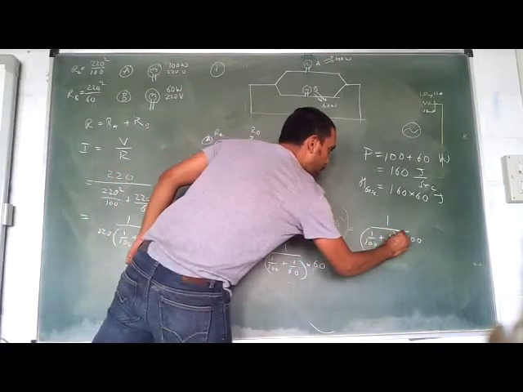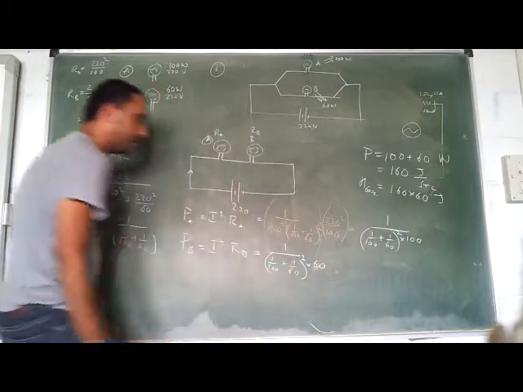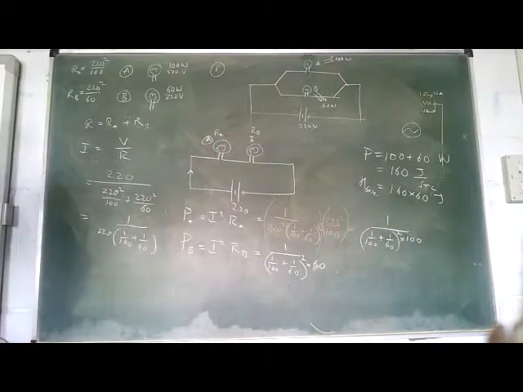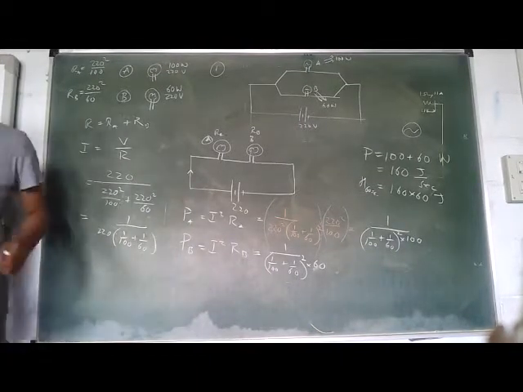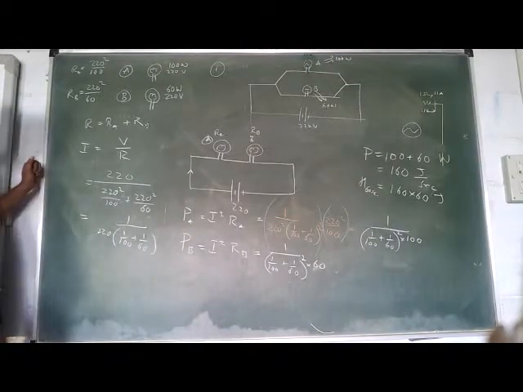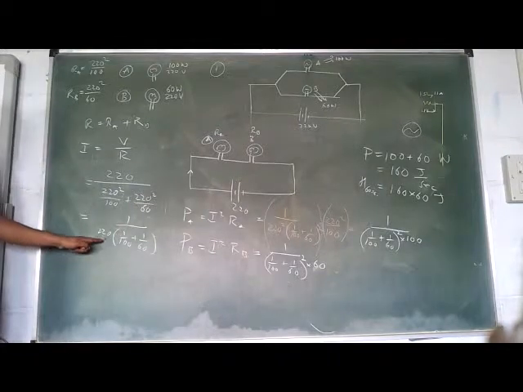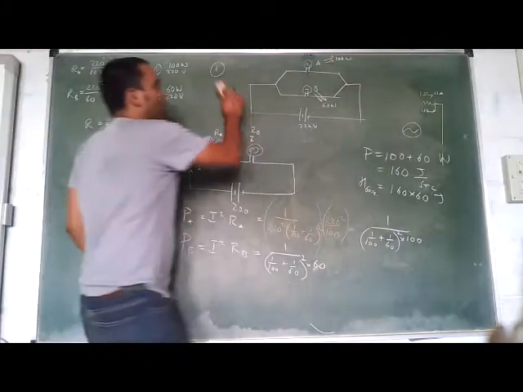There is a square over here because of the I square.